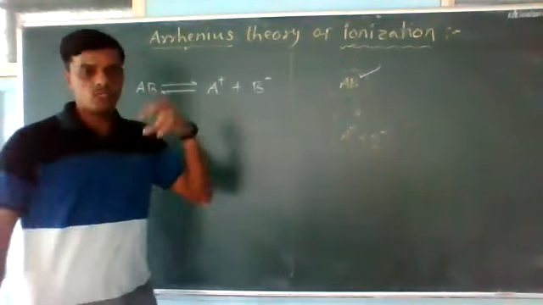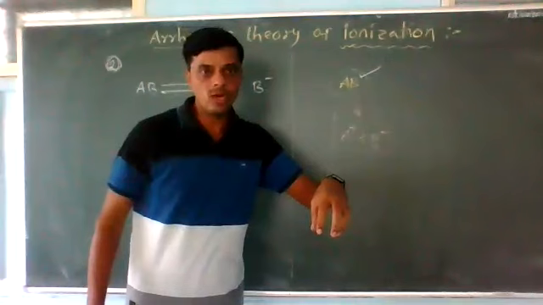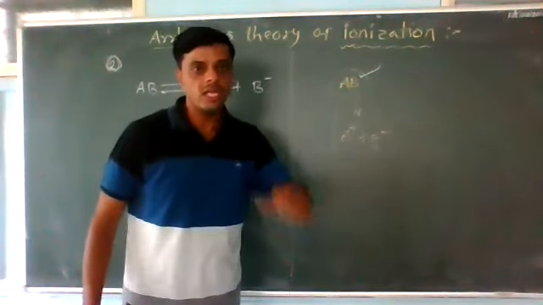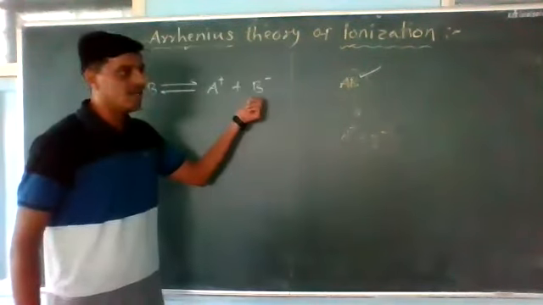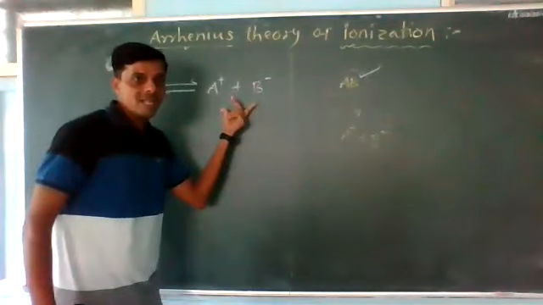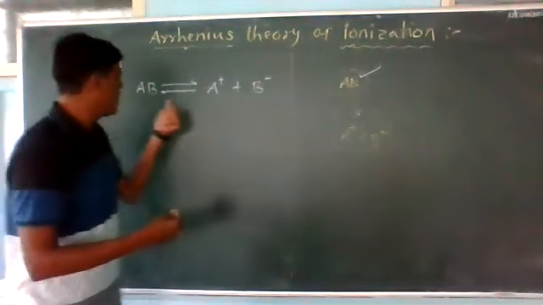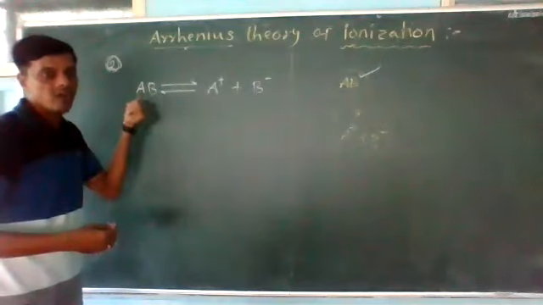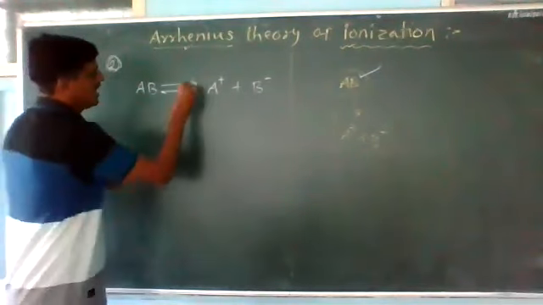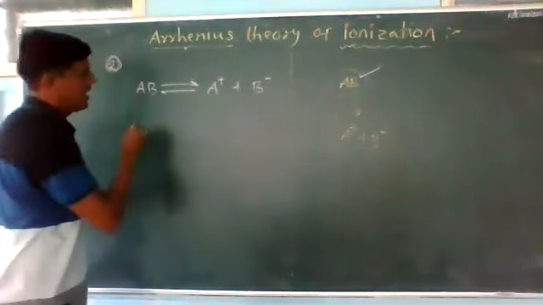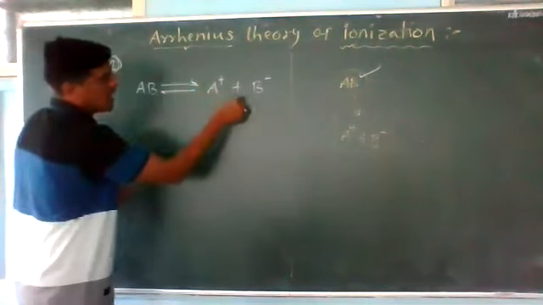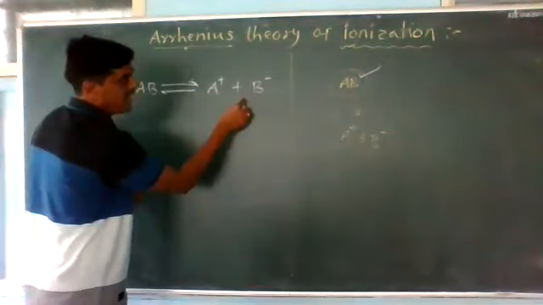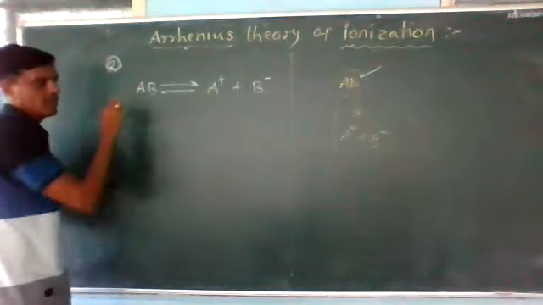As soon as the neutral electrolyte is added into the water, it forms A plus and B minus ions. But when these two ions again combine together to form a neutral AB, it is said that there exists an equilibrium between ionized particles and unionized or neutral particles.